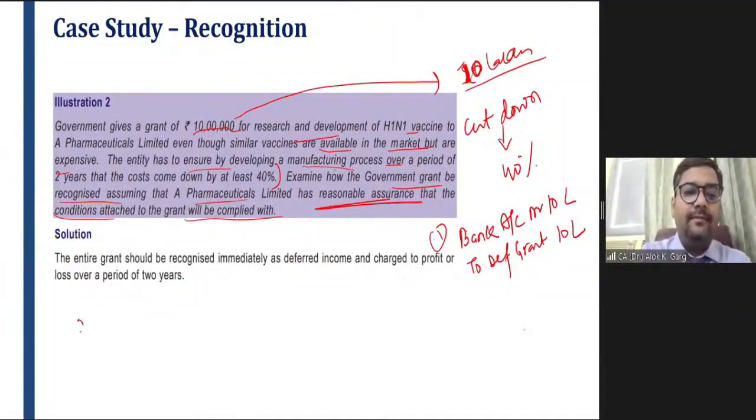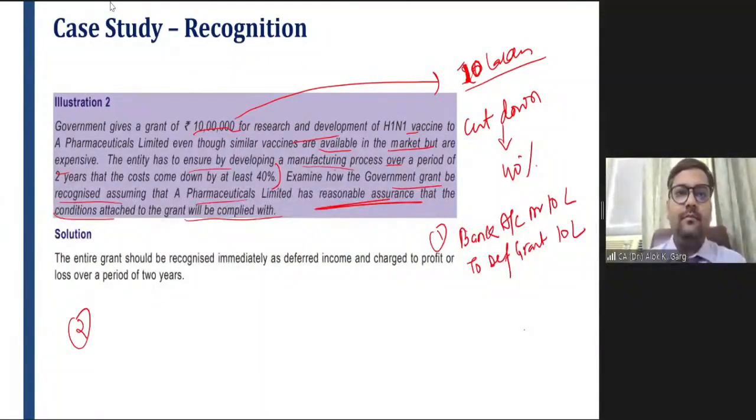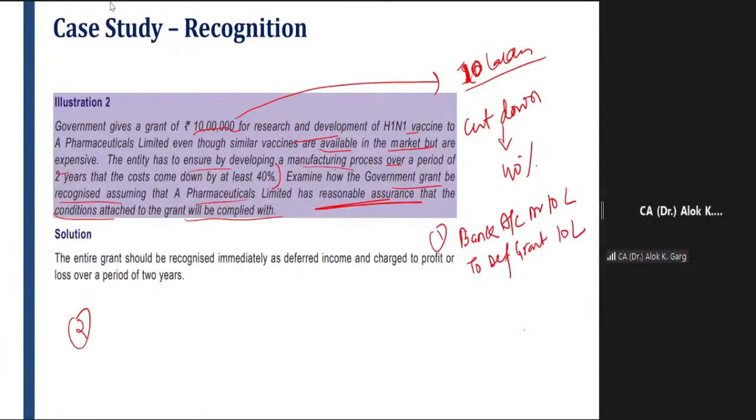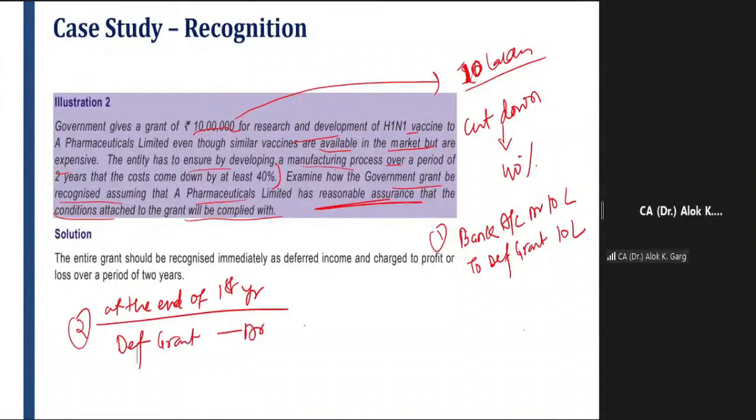Second entry, at the end of first year, deferred grant debit 5 lakh, to P&L income 5 lakh.